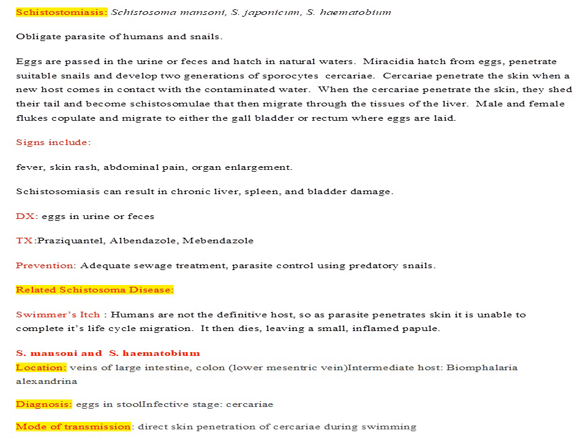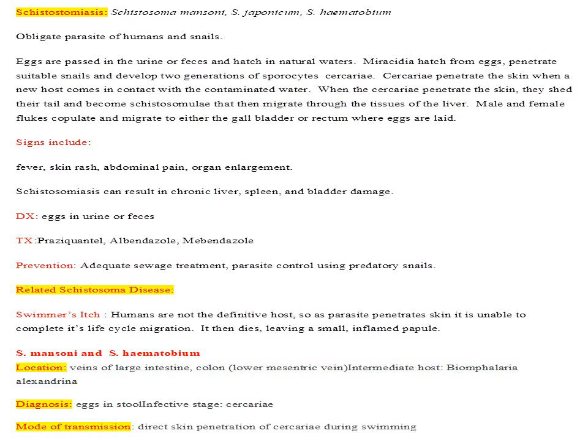Now, schistosomiasis is a disease caused by Schistosoma mansoni, japonicum, or haematobium. It is a parasite of human and snail, with human as the final host and snail as the intermediate host. Eggs are passed in the urine or feces depending on the species and hatch in natural water. Miracidia hatch from the egg, penetrate a suitable snail and develop two generations of sporocysts, which produce cercariae. Cercariae penetrate the skin when a new host, a human being, comes in contact with the contaminated water.